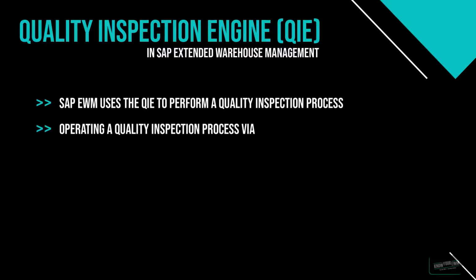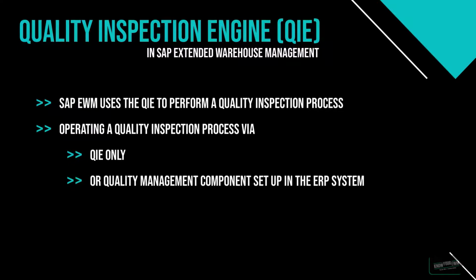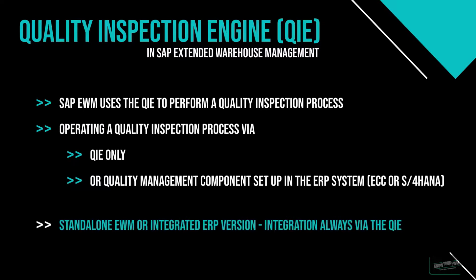Operating a quality inspection process, we can either only use the QIE, or if we already have an existing quality management component set up in the ERP system, which can either be an ECC or an S/4HANA, we can integrate the warehouse processes in SAP EWM with the ERP quality management using the Quality Inspection Engine. So basically, we can either go for a standalone EWM way, or we can do an integrated version with the ERP system. Both ways, the Quality Inspection Engine is the way to go.